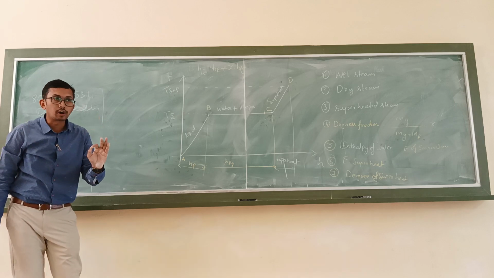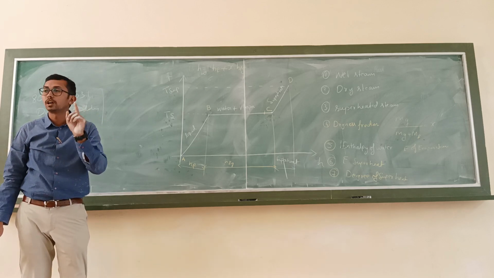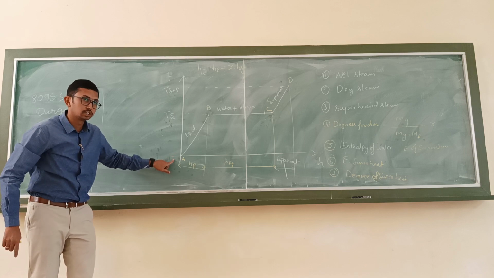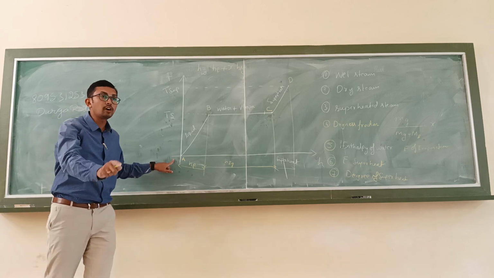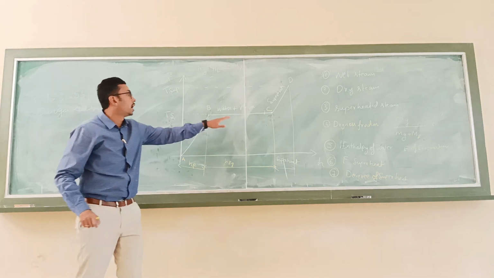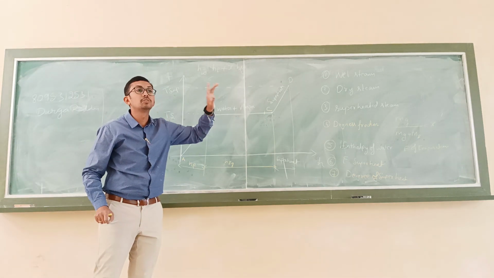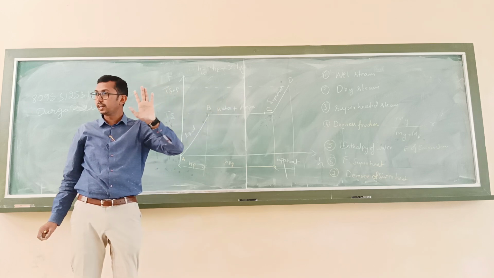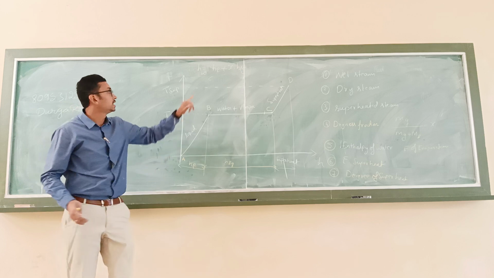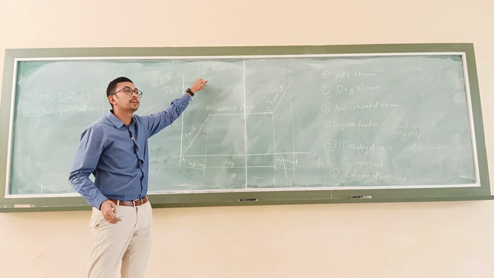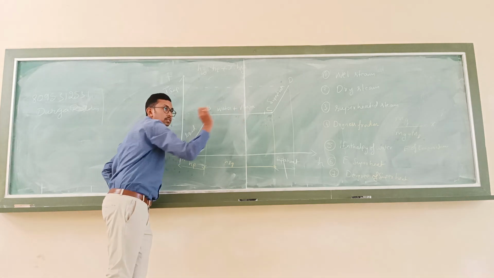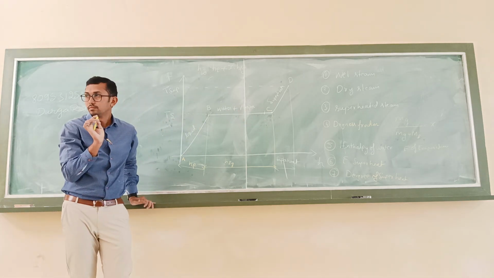It is the amount of heat required to convert 1 kg of water from 0 degrees Celsius to 1 kg of wet steam at saturation temperature at a given dryness fraction at a constant pressure. It is called as what? Enthalpy of wet steam, in between B and C. Is it clear?